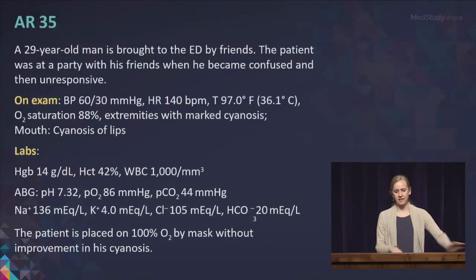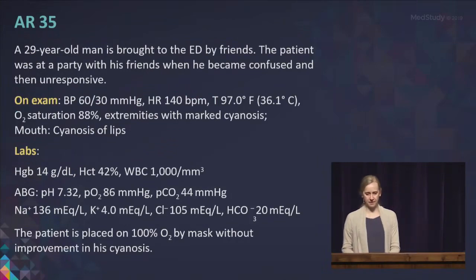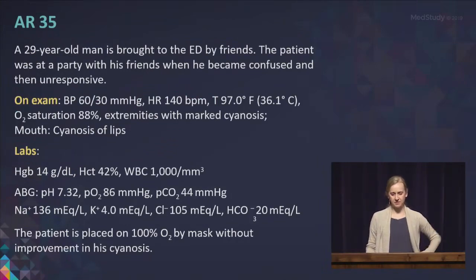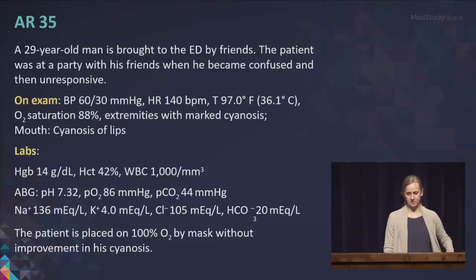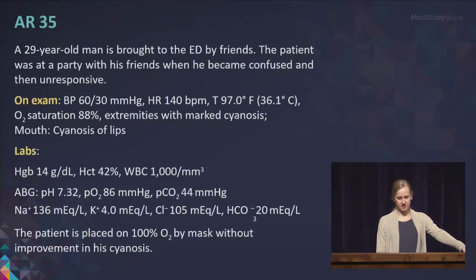All right, a 29-year-old man is brought into the emergency department by friends. The patient was at a party with his friends when he became confused and then unresponsive. On exam, his blood pressure is 60/30, his heart rate is 140, his temperature is 96 degrees, oxygen saturation 88%, and extremities with marked cyanosis. He has cyanosis of his lips.